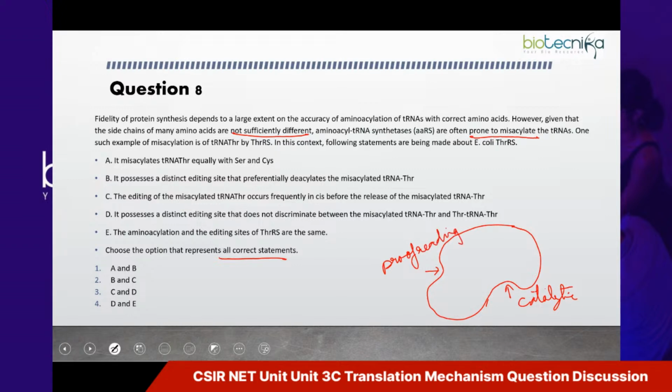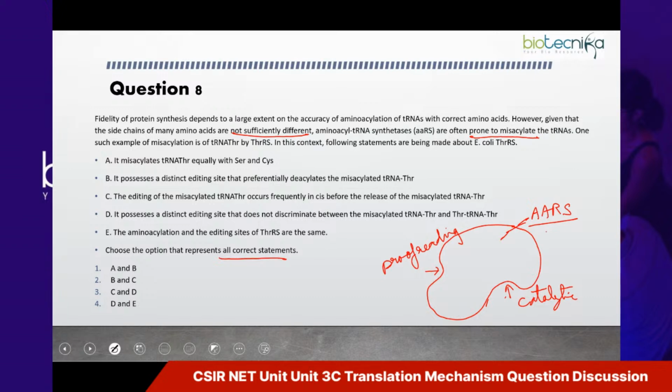Okay, so in the catalytic site, because this is specific to the amino acid, the amino acid specific to it will come. Now we all know about the lock and key model and the induced fit model, right? So the catalytic site is designed in such a way that the amino acid to which this particular tRNA synthetase is specific can come and enter, so that the aminoacylation can happen.